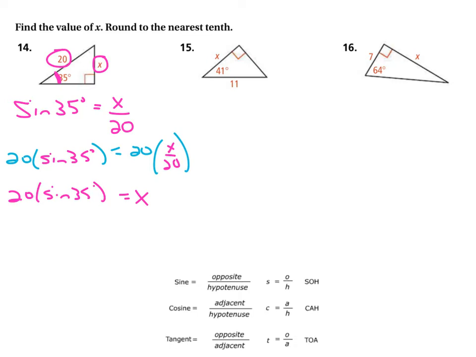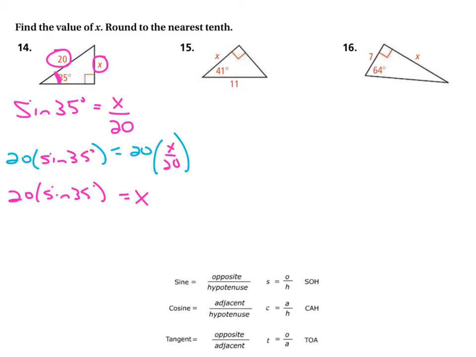If you hit enter, you'll get a number that says 0.5735764364. Don't round it off, leave it in there, and what you do next is hit times 20 because you want to multiply that by 20. That's what this problem is asking you to do. And then hit equals.